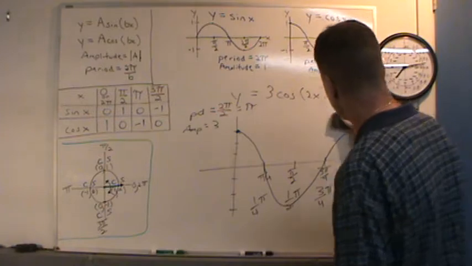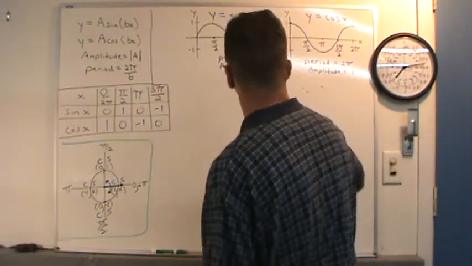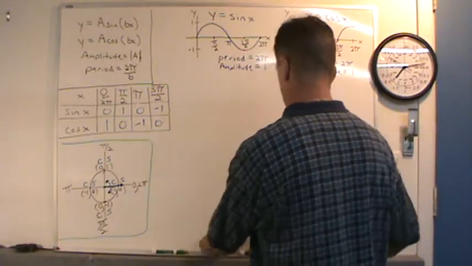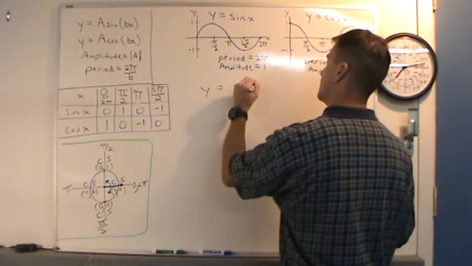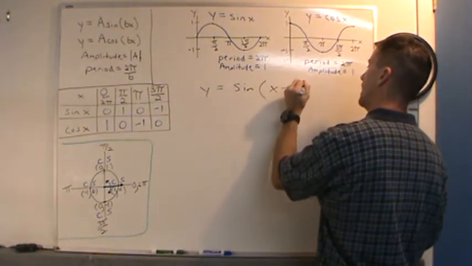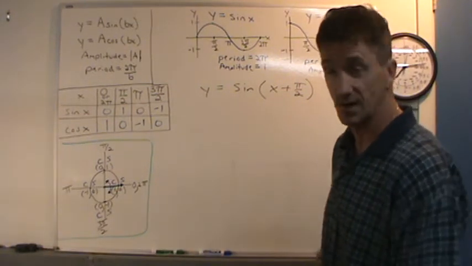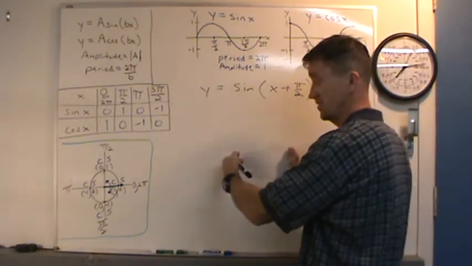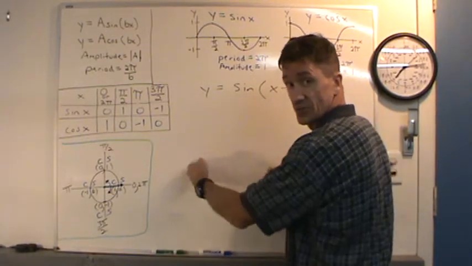A couple more. 2 more. How about y equal to the sine of x plus pi over 2. So if you recall transformation of functions, this graph's actually going to shift. It's going to have a horizontal shift.